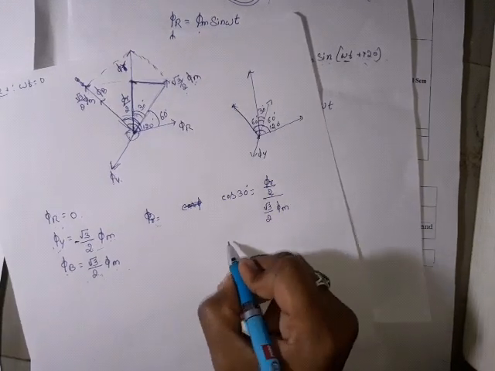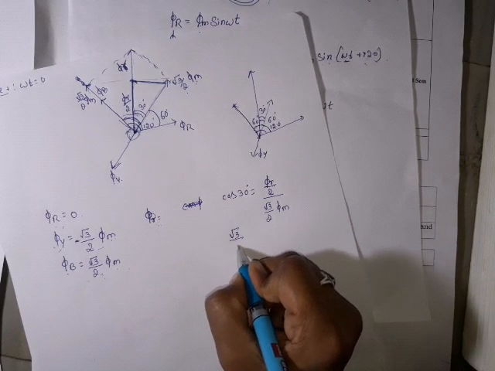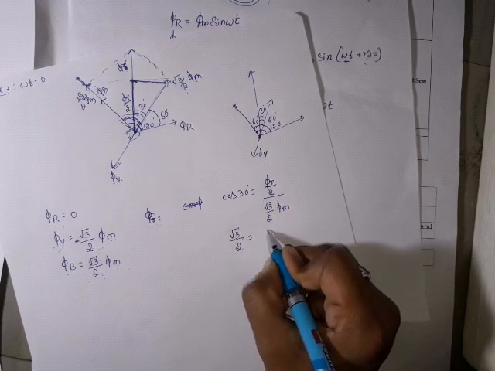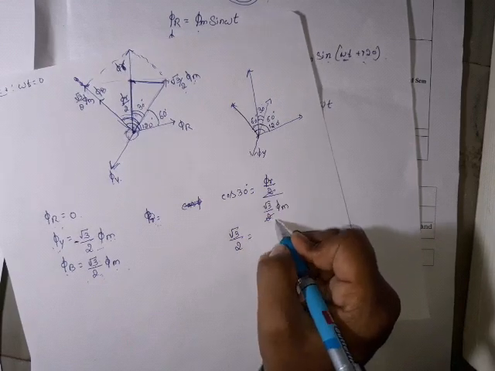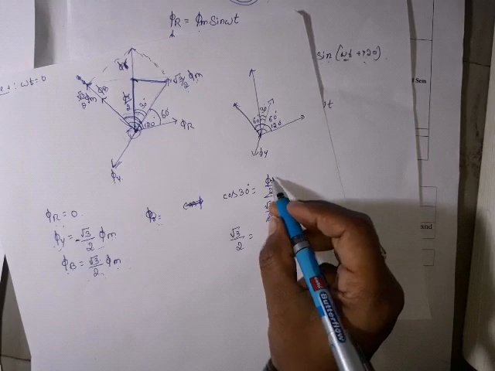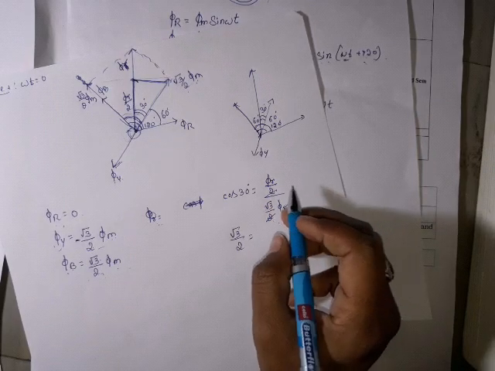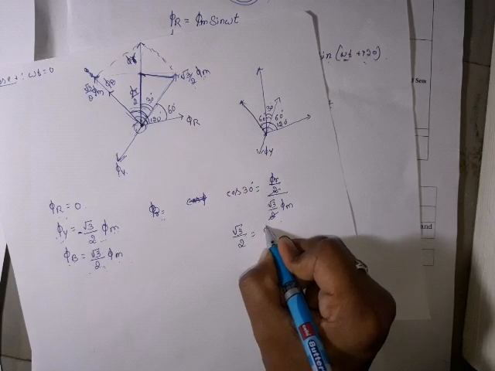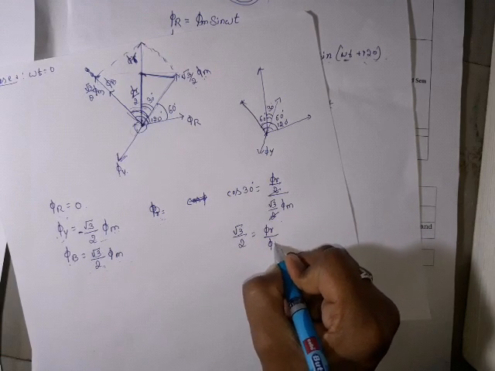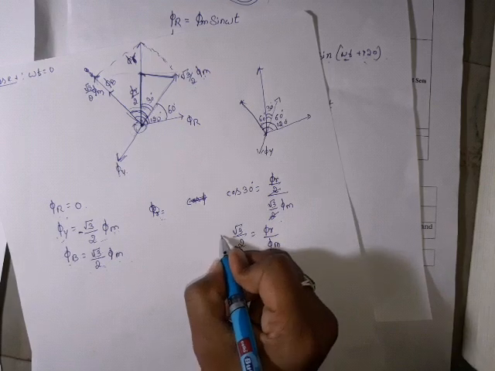Cos 30 value is root 3 by 2, which will be equal to, let me cancel these twos, both are there in denominator, denominator of the numerator, denominator of the denominator. So we can cancel that. Remaining thing is phi r by phi m multiplied by root 3, I'll take this side.